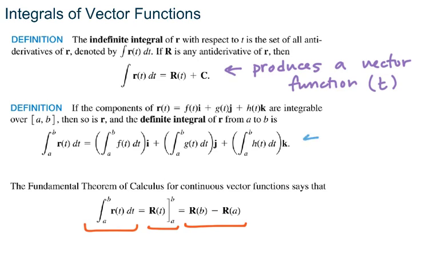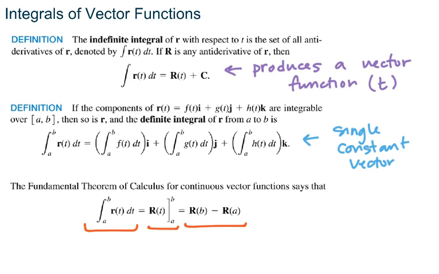However, the definite integral produces a single constant vector. And if you go back and look at the two examples we did in the first video, you'll notice that the indefinite integral still had a t in it when we were done, whereas the definite integral had constants as the coefficients of i, j, and k.